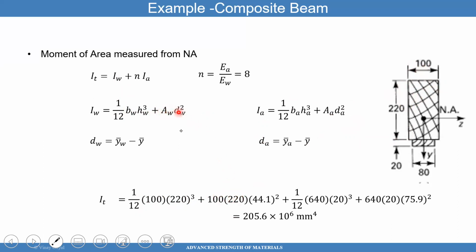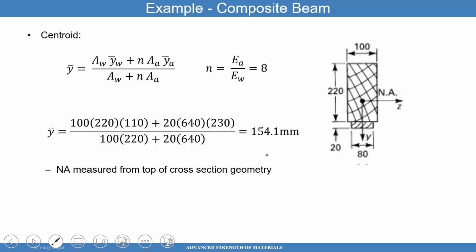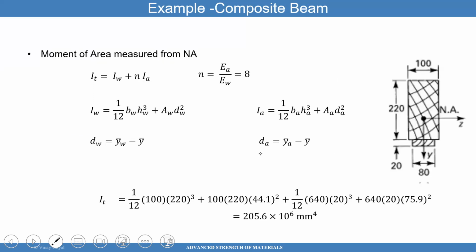And then I have to multiply that by the distance between the centroid of the wood section and the neutral axis. So the centroid of this wood material is at 110, while the neutral axis was at 154. So 110 minus 154 is 44.1, and that's squared.